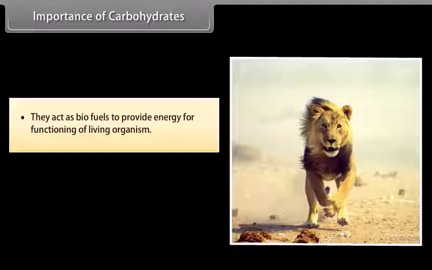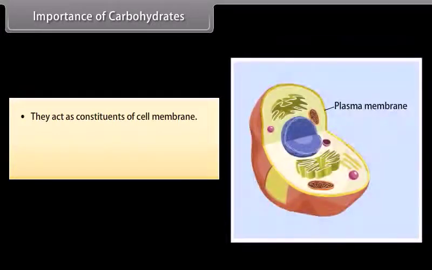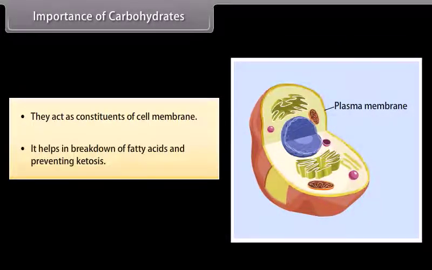Importance of carbohydrates. They act as biofuels to provide energy for the functioning of living organisms. They act as constituents of cell membrane. They help in the breakdown of fatty acids and prevent ketosis.